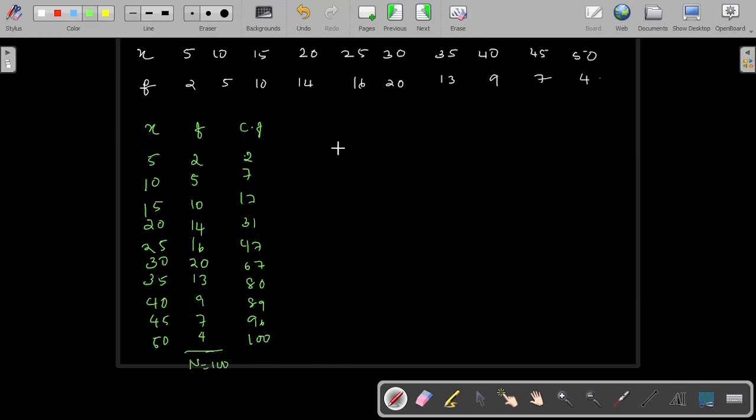Now here we want to find D3, which is equal to 3 into (n plus 1) by 10th cumulative frequency value. So that is 3 into (100 plus 1), which is 101, by 10th cumulative frequency value.